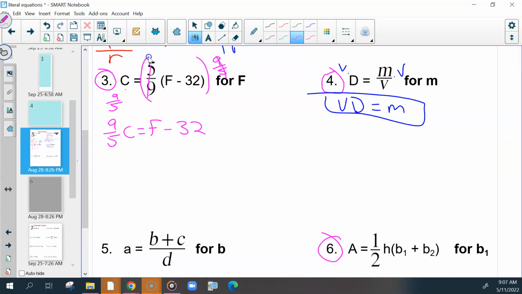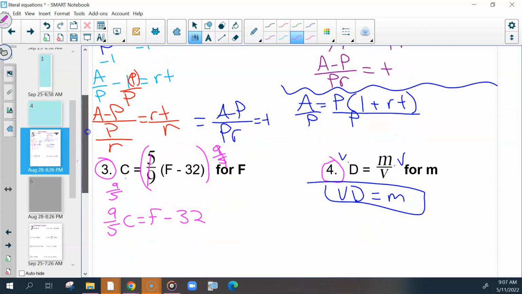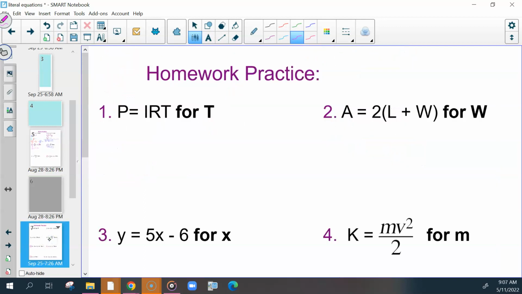How many in this packet are actual equations? Just in general, this is an actual equation to switch between Celsius and Fahrenheit. That one is, I think, a density mass problem. There we go. Principal equals interest rate and time. That's a real one.